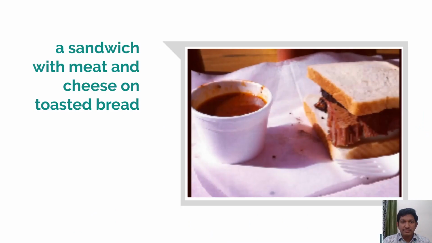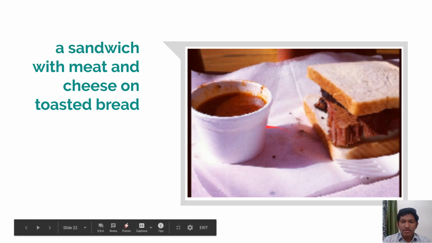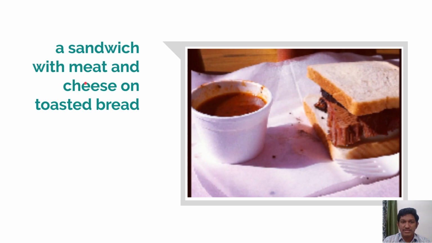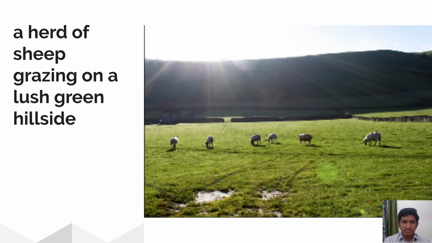here are our results. The first one is the image which is given as an input to the network, and it shows this as an output: a sandwich with meat and cheese on a toasted bread. I hope this is pretty much similar to what is inside the image.